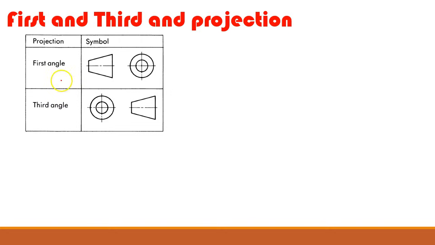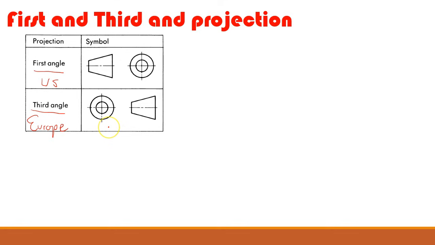What you have here is a first angle projection and a third angle projection. First angle is more common in the US, and I believe all of North America, and third angle view is more common in Europe and different parts of Asia.